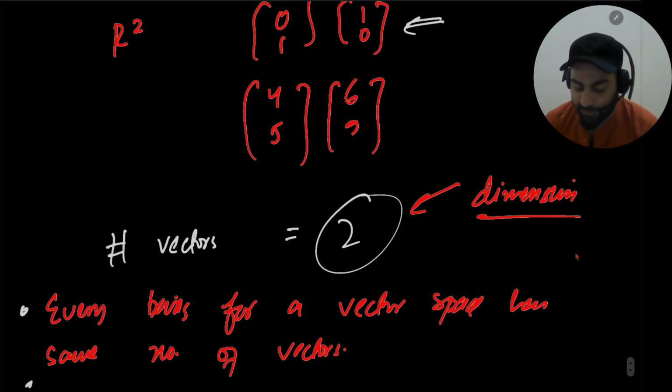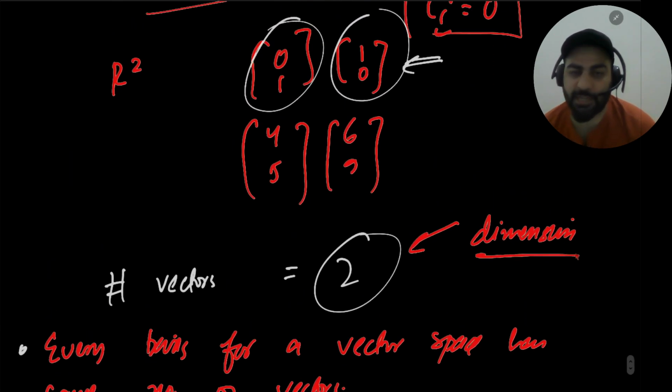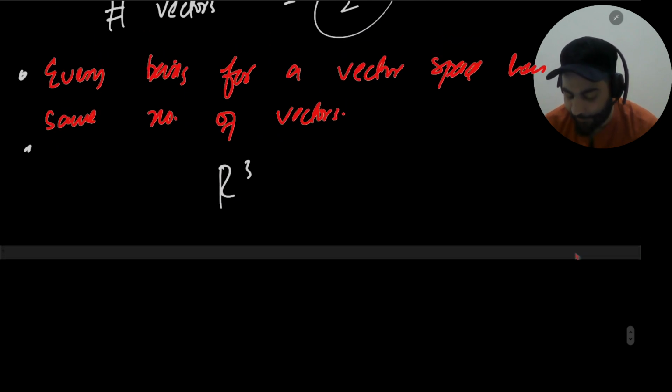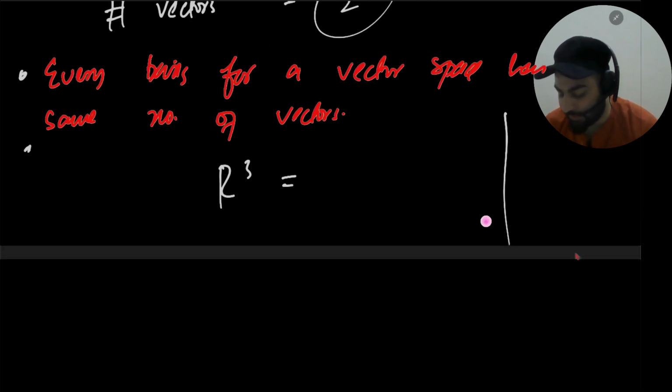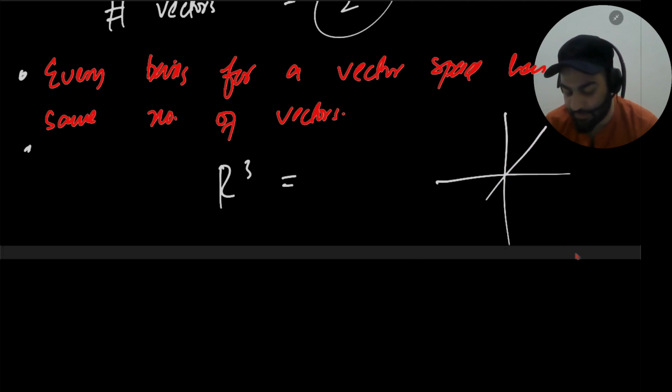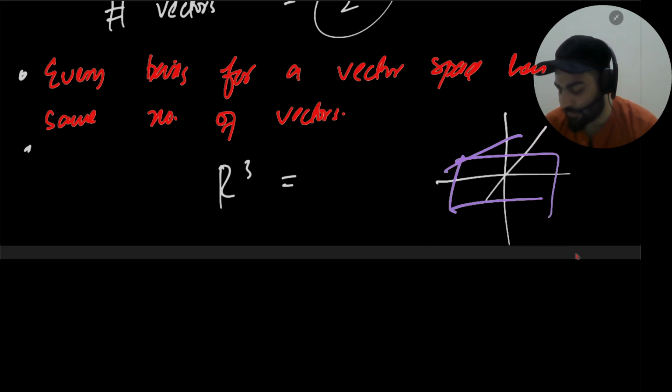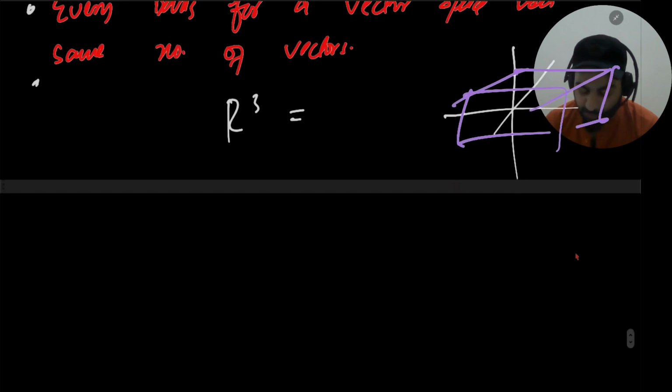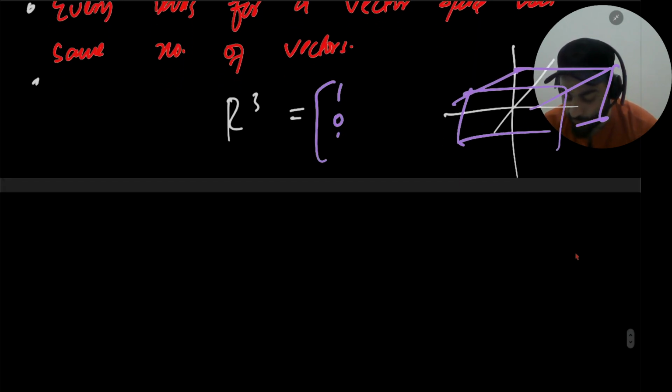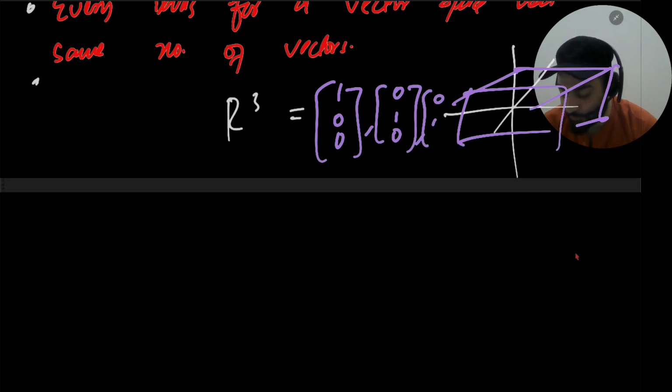So here, (0, 1) and (1, 0) is called the standard basis. If we have R3, the three-dimensional space, we have some axes like this, and it forms a cuboid sort of thing. In R3 we have the standard basis as (1, 0, 0), (0, 1, 0) and (0, 0, 1).